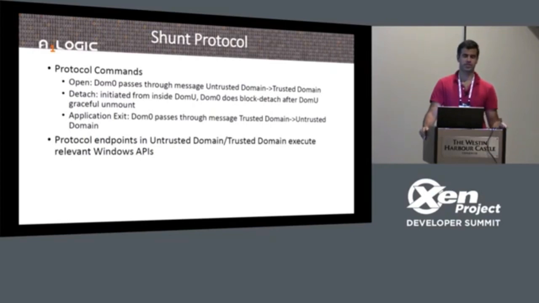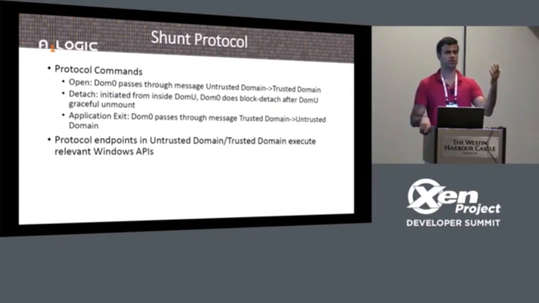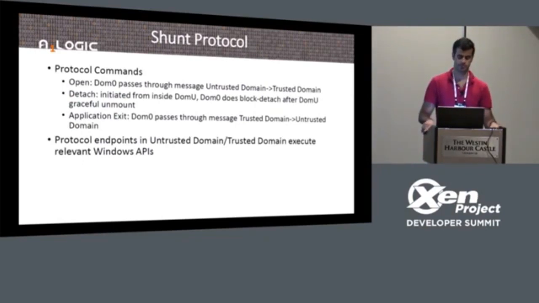Then there is the application exit, which basically says from the trusted domain that the application that is executing on this sensitive data has quit, and now we can shunt the shunt disk back to the untrusted domain. And the endpoints of this protocol are one in the trusted domain, one in the untrusted domain.